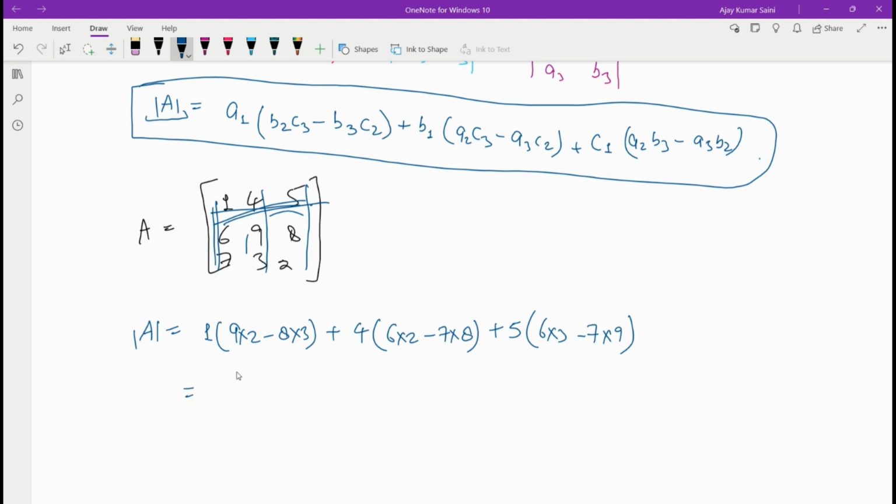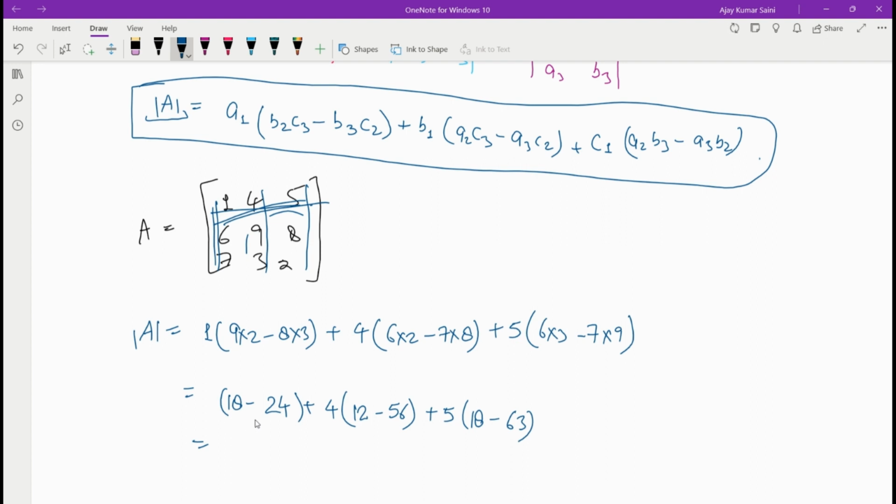So 9 into 2 is 18, minus 8 into 3 is 24. Plus 4 into, 6 into 2 is 12, minus 7 into 8 is 56. Plus 5 into, 6 into 3 is 18, minus 7 into 9 is 63.